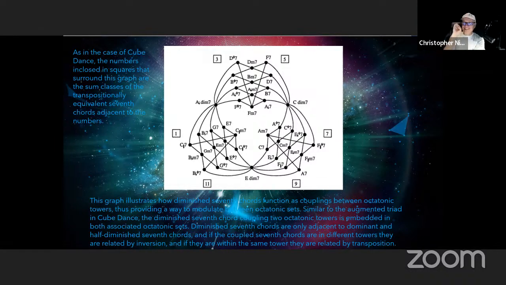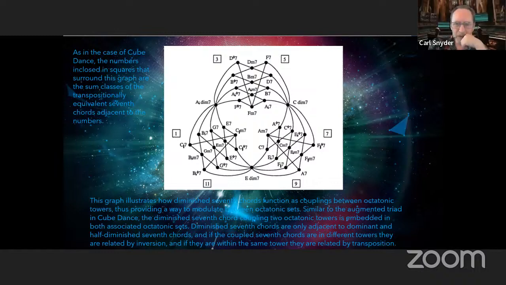Now, what can you do with the towers? So a little background here: in the case of cube dance, the numbers enclosed in squares that surround this graph are the sum classes of the transpositionally equivalent seventh chords adjacent to the numbers. This graph illustrates how diminished seventh chords function as couplings between octatonic towers, thus providing a way to modulate between octatonic sets.